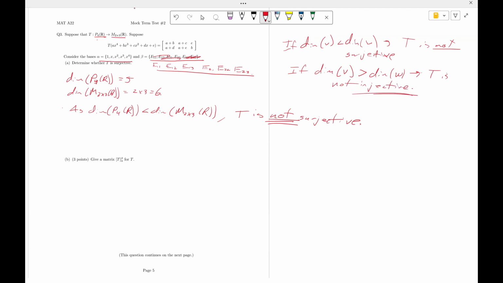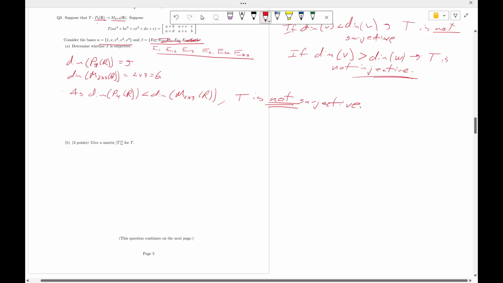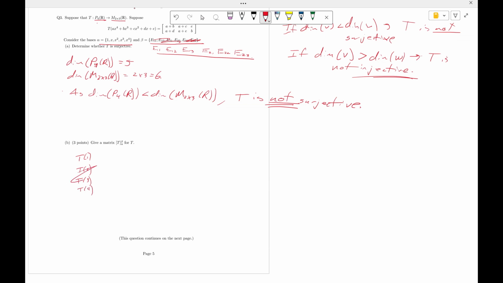Nice. Now, the next thing they asked us to do is give a matrix for T. So to do this, we want to see what T does to 1, T does to x, T does to x squared, T does to x cubed, T does to x to the 4.